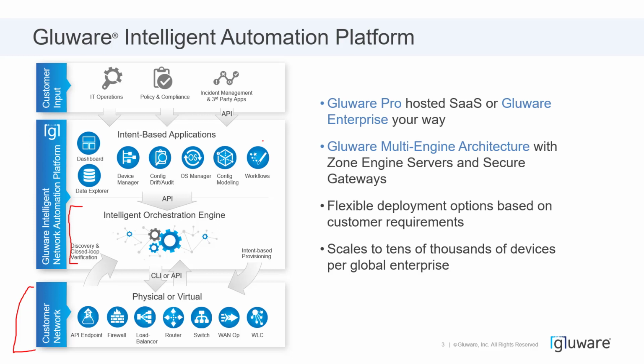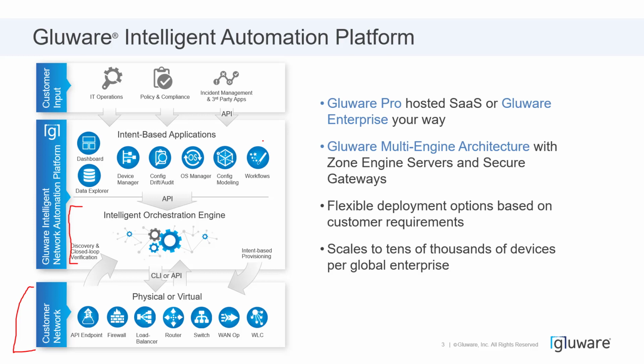So in terms of how Gluware is delivered, we have Gluware Pro, which is an AWS hosted SaaS, or Gluware Enterprise, which we kind of refer to as Gluware Your Way. Generally, it's deployed on-prem, where we supply one or more virtual machines and you deploy as needed. That is enabled by our Gluware multi-engine architecture.